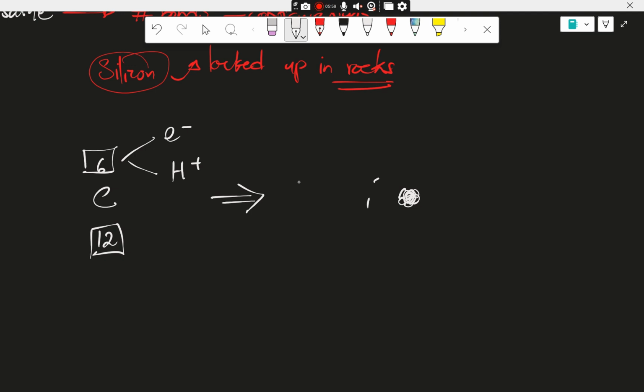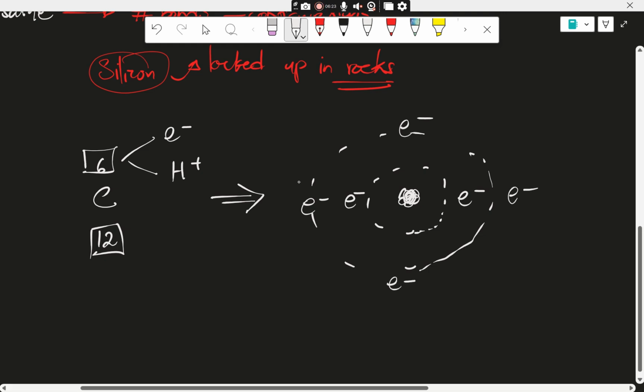So the first layer is surrounded by electrons, to keep this atom stable, right? You have two in the first layer, and in the second layer you will have one, two, three, four, right?